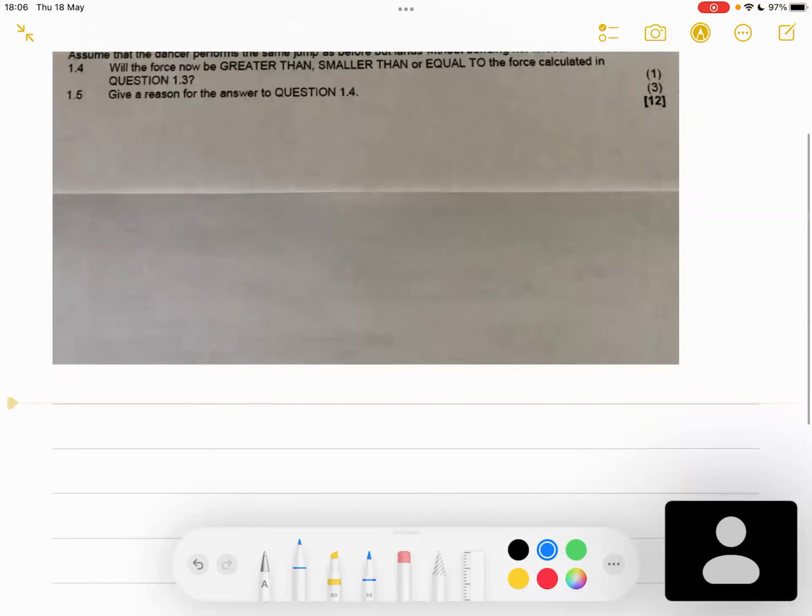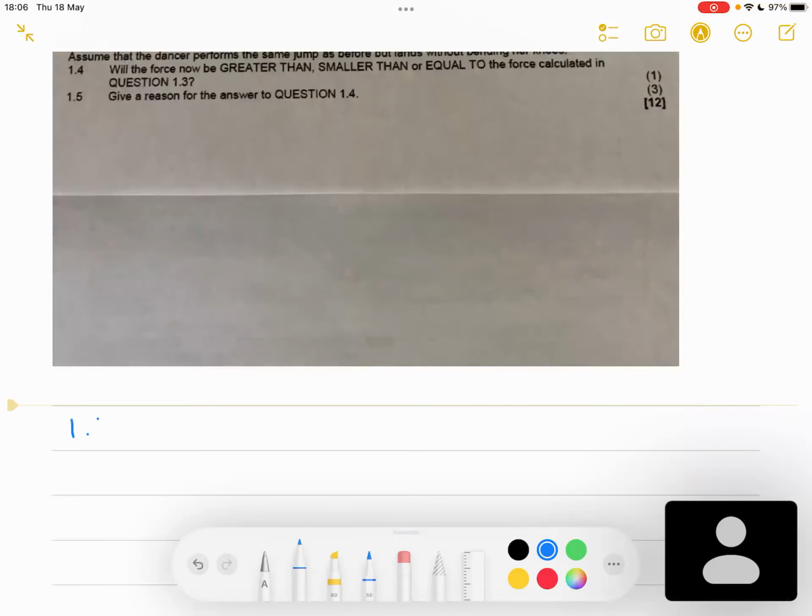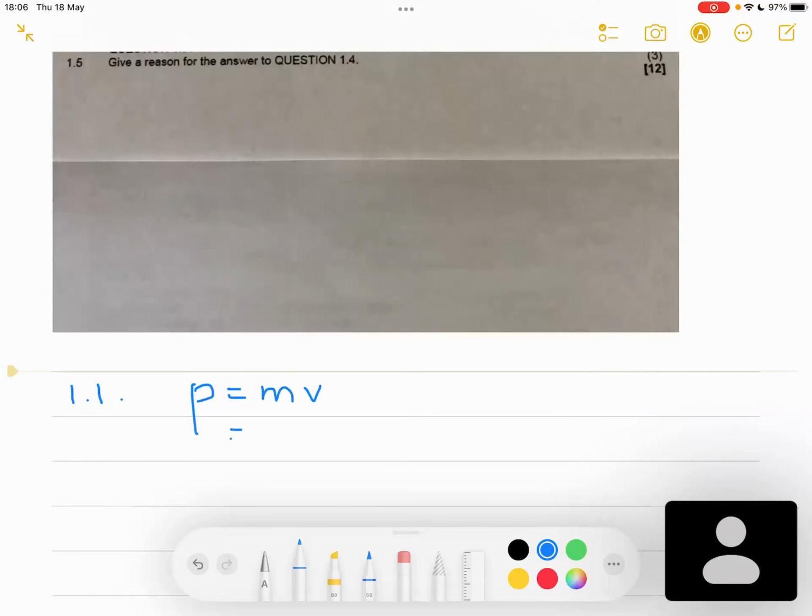Okay, so for 1.1, the momentum is equal to mass times velocity. They told us that her mass is 50 kilograms. So for M, it's 50 kilograms.